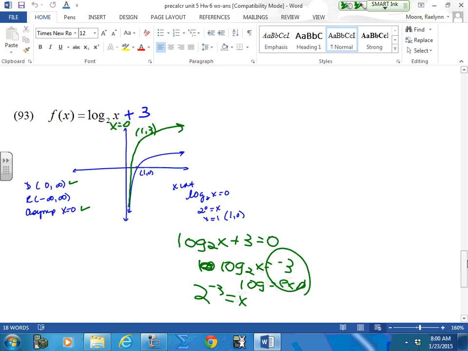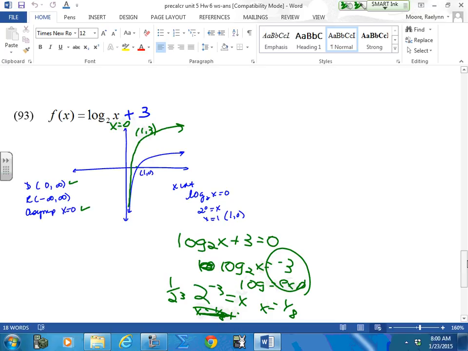So this is equal to, remember the negative takes the reciprocal, there's your 1/8. X is equal to 1/8. That's it. So here's your intercept. Very, very close to the 0. It's going to ride along the axis.